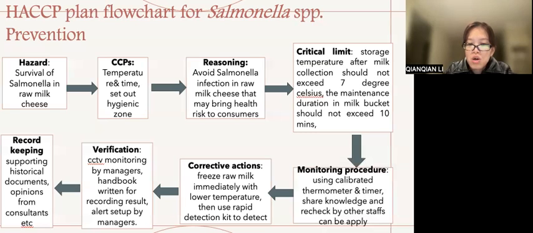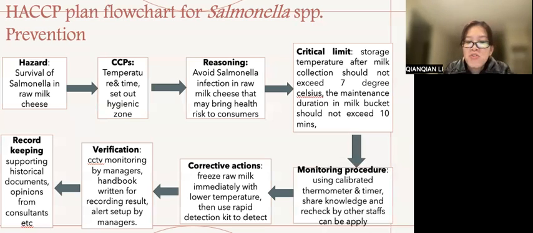We could also share the knowledge and have other staff recheck when staff are doing the milking, and other people can check again whether they complete the task or not.